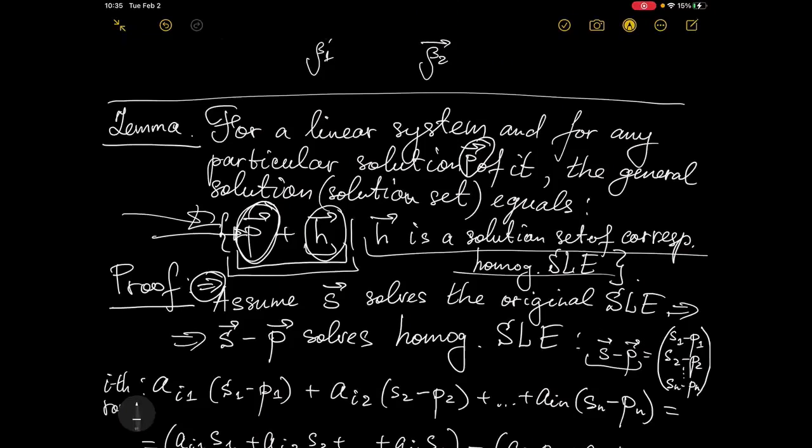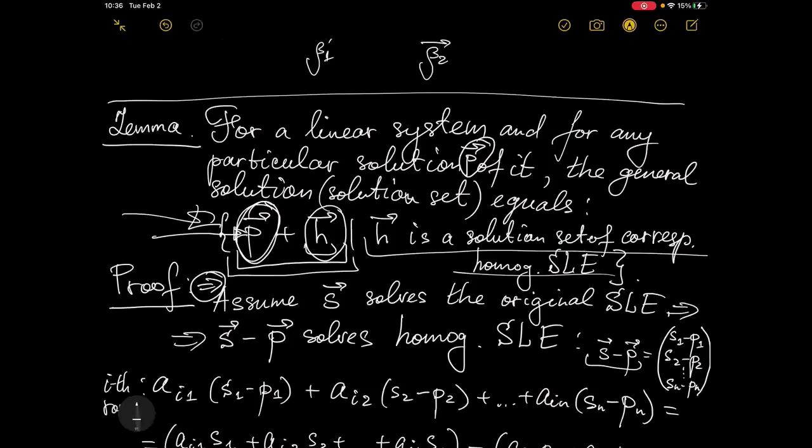Or your system can be inconsistent, then there is not even one particular solution. Pay attention, what is important here is a system of linear equations. For a system of linear equations, there are only three possibilities. The system is inconsistent.